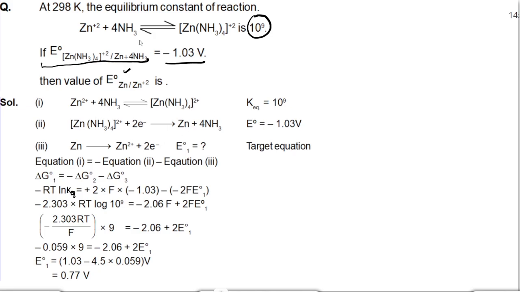First is Zn2 plus 4NH3 to give Zn NH3 4 plus, its equilibrium constant is given to us. Second is Zn NH3 4 plus 2 electron to give Zn and 4NH3, its E naught value is given, and we have to calculate this one, Zn2 plus 2 electron.